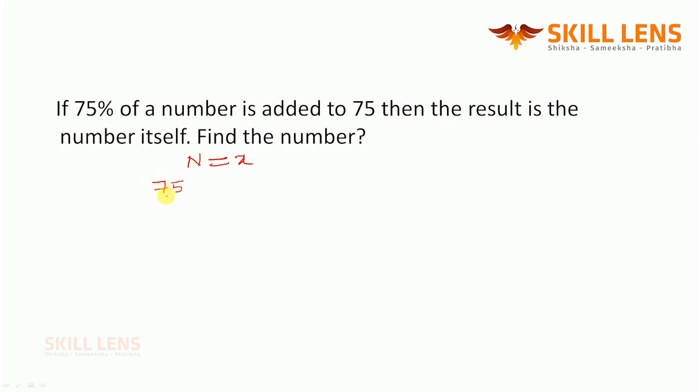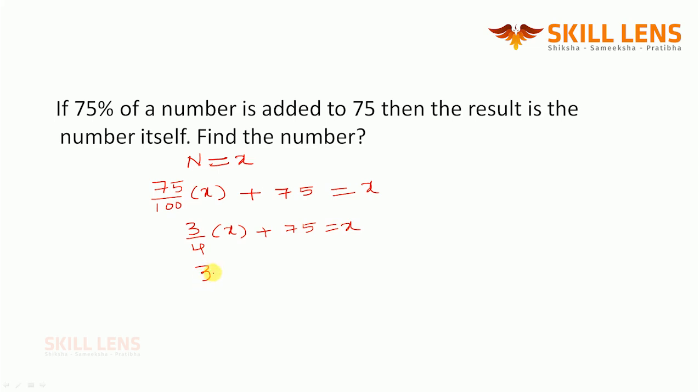So 75 by 100 of x, added to 75, equals x. You know the reciprocal value, so can I write 75 by 100 directly as 3/4? Yes, 3/4 of x plus 75 is equal to x.